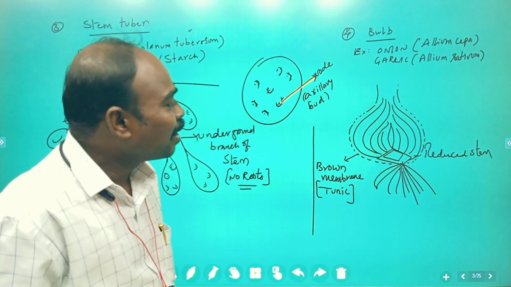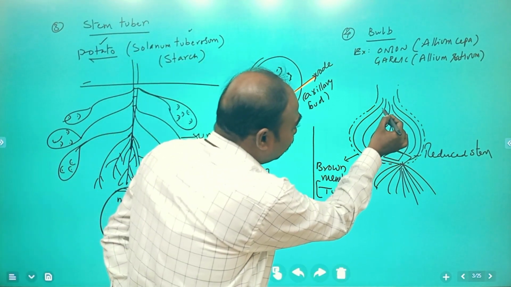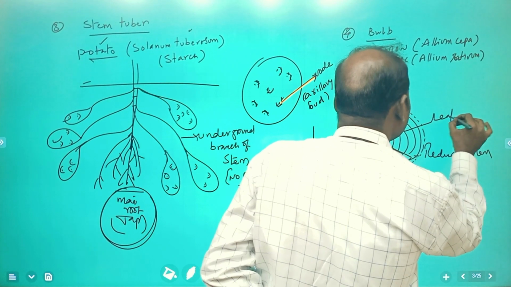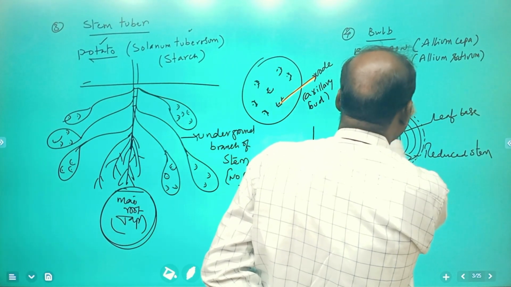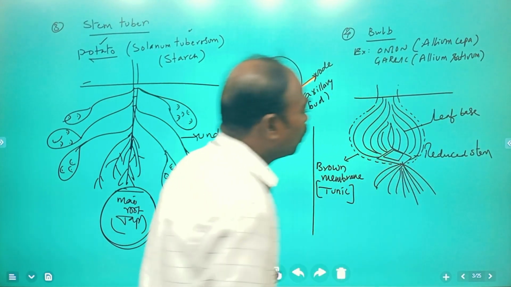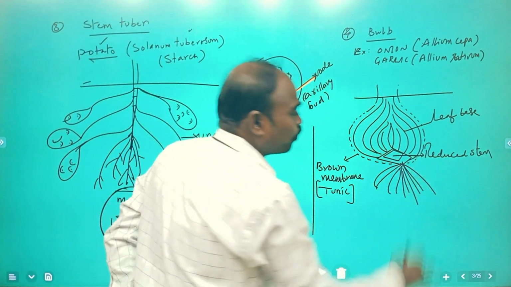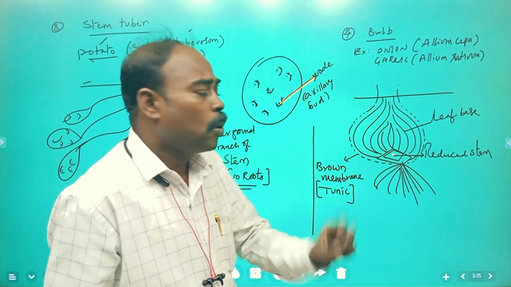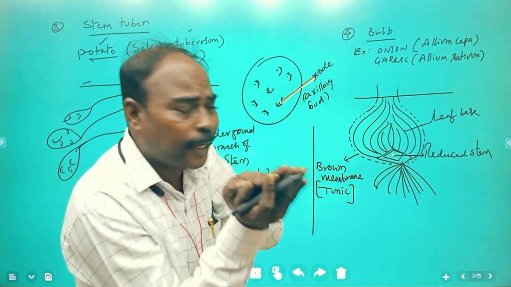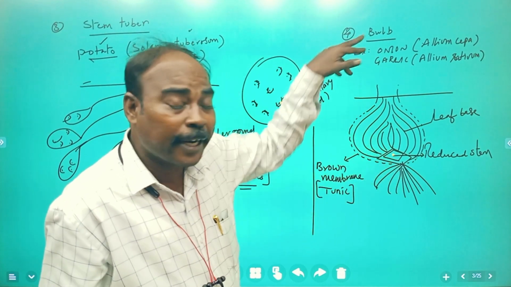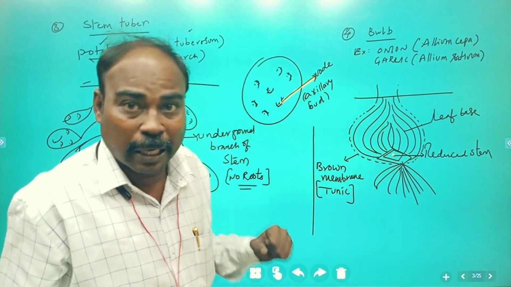In these, the leaf bases of the underground portion store the food material, but not the reduced stem. So the reduced stem does not participate in storage of food. The leaf bases which are underground participate in storage of food in these bulbs.